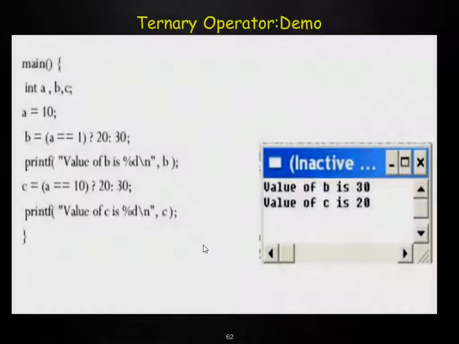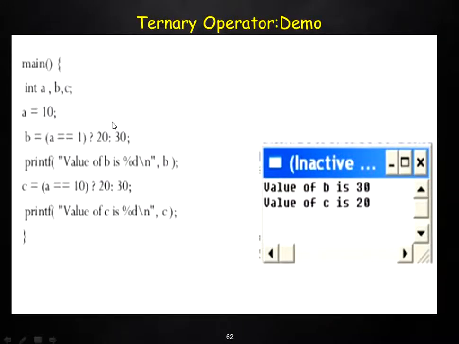So to write a code on ternary operator, there is a demo over here. We say a is equal to 10 and a is integer. So here I ask a question, is a equal to 1, and this is the question. So if it is true, it will pull up the first block, if it is false, it will pull up the second block. So in this case, a was 10 initially and nowhere it is equal to 1, therefore it's going to pull up 30.